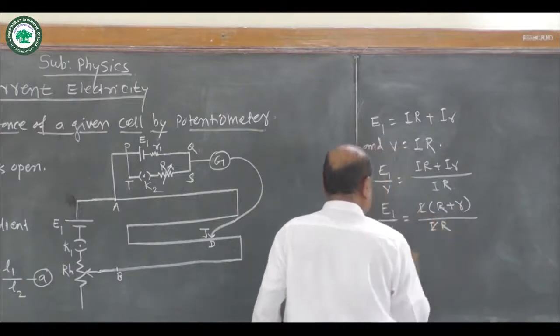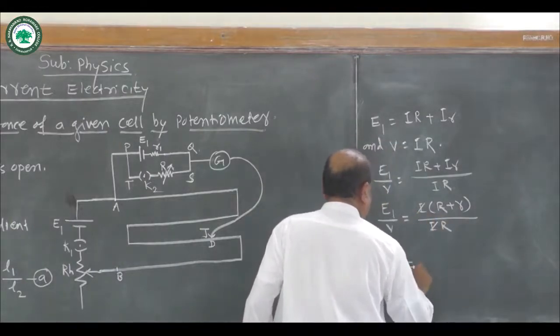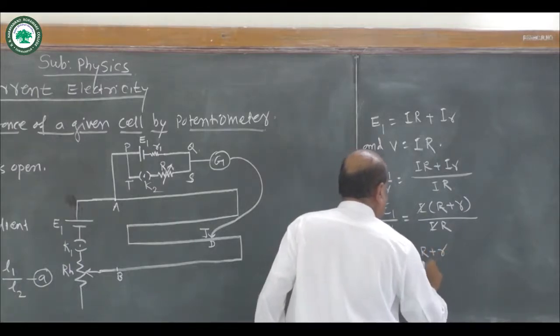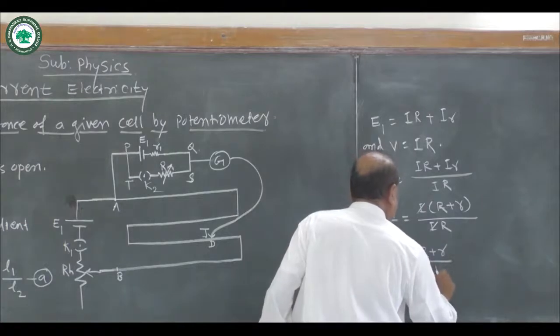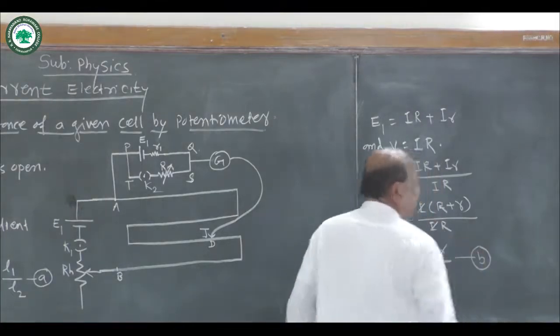Now this I gets cancelled. E1 by V is equal to R plus r divided by R. This is equation B.